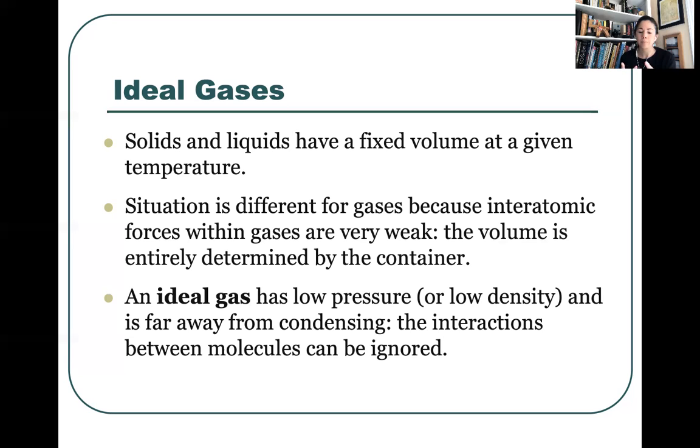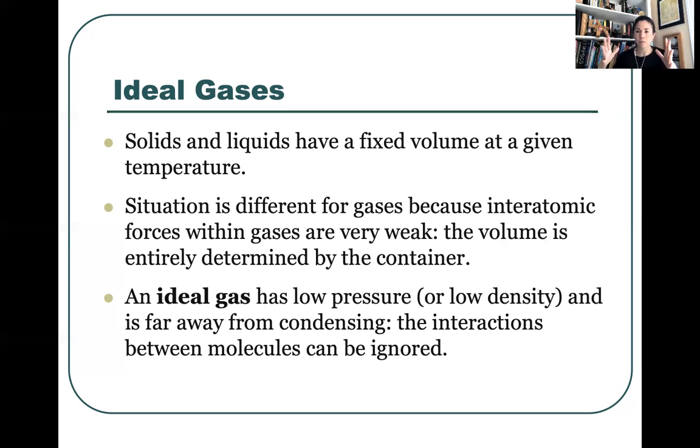And so what is an ideal gas? An ideal gas is a gas that is going to have low pressure, low density, and far from condensing. So what does it mean? It means that if you look again at the molecular level, we're going to assume that there's no interactions between the molecules.